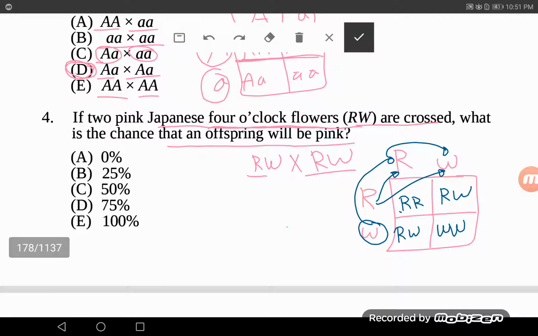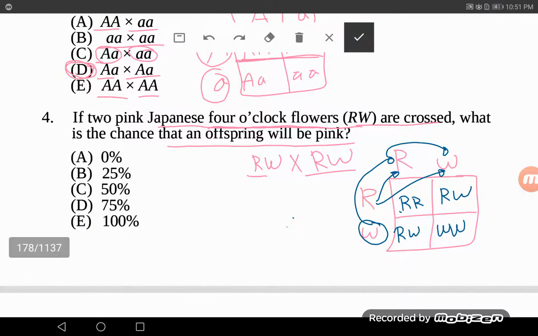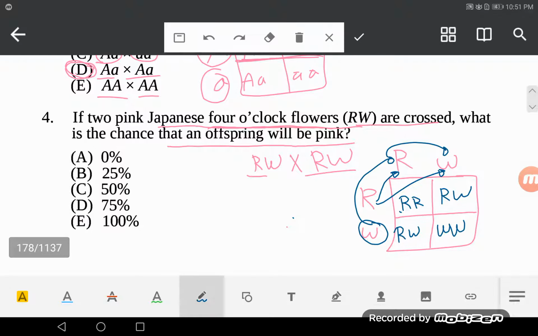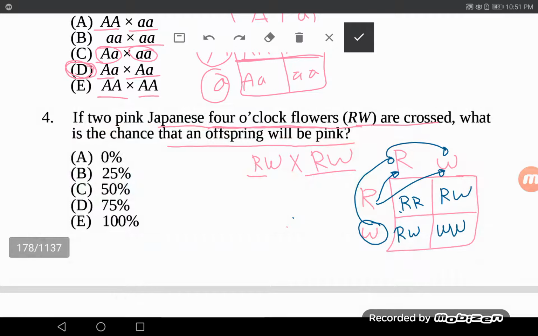Now let us see the phenotypes of it. Let us write the phenotype of each, and then we can find the answer for the question. For this one, as we can see, the flower will be red because we have two alleles that give red color.